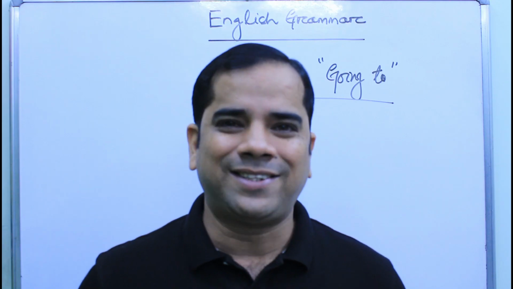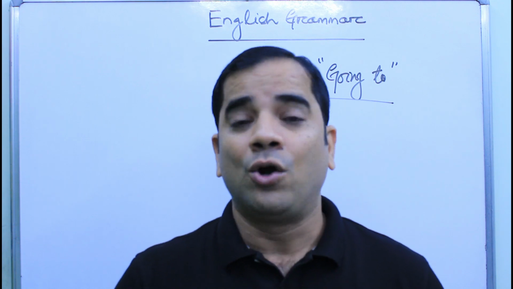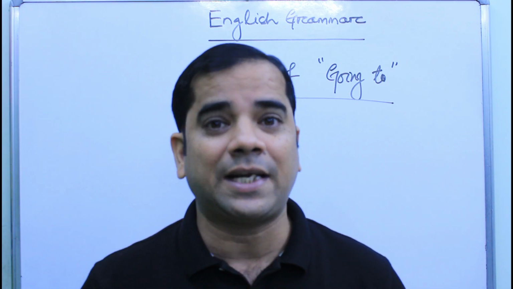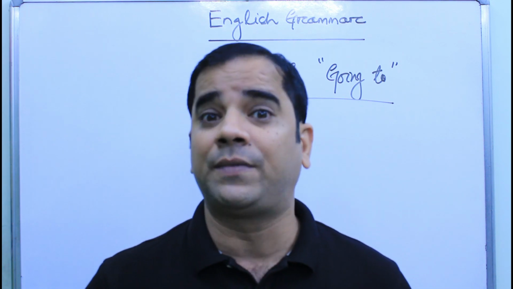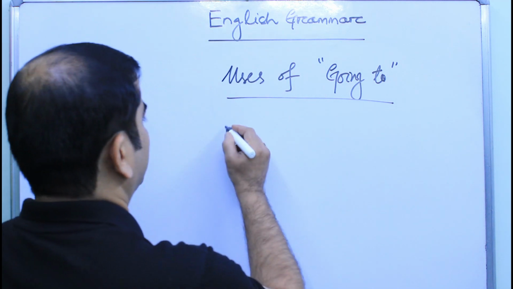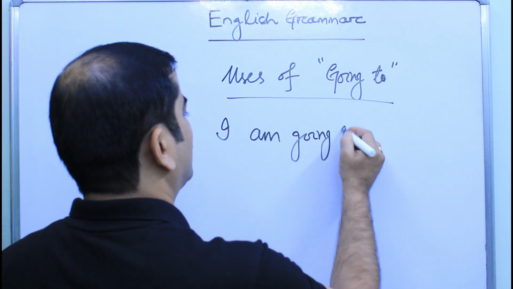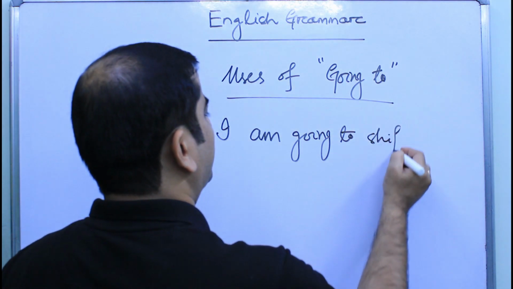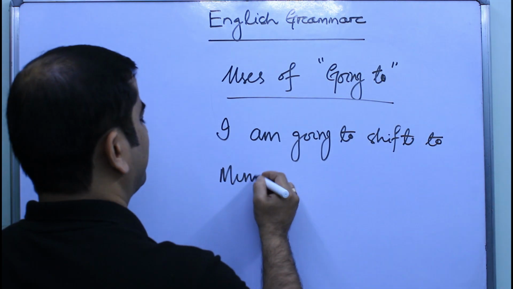Okay. Students, let us now discuss the uses of going to. Going to is used to suggest an intention or decision that is made to do something in future. For example, I am going to shift to Mumbai.